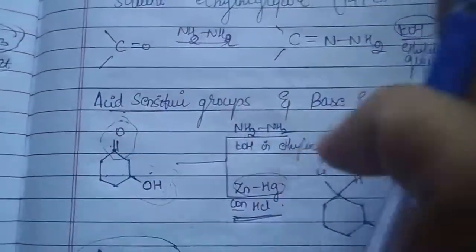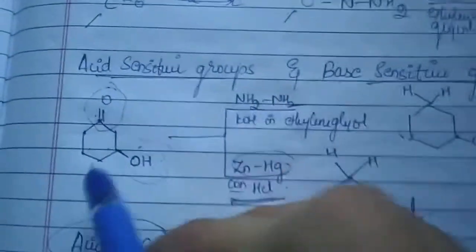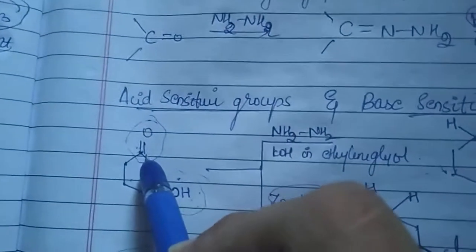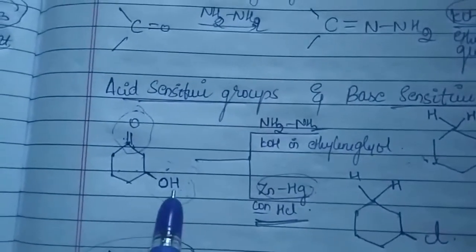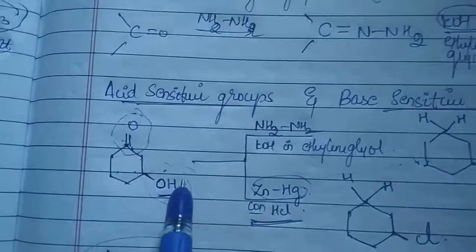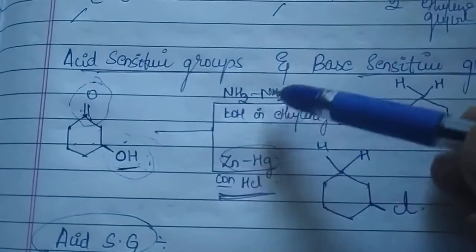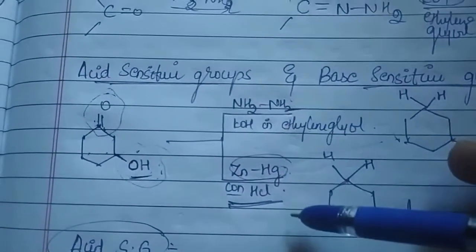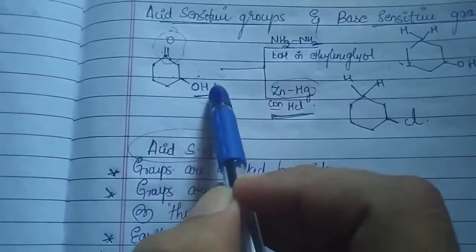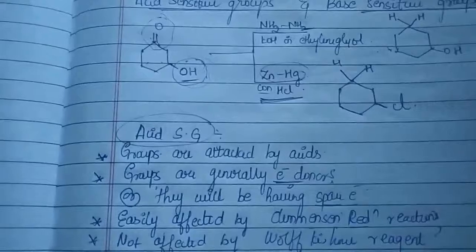So of course in the reactant, just neglect all this part, we will focus on the reactant. We are having the carbonyl group, but along with the carbonyl group we could also notice that we are having another group. In that case, you have to see what reagents we are using. We are using Clemmensen and your Wolff-Kishner. So we have to predict whether this is an acid sensitive or a base sensitive group.